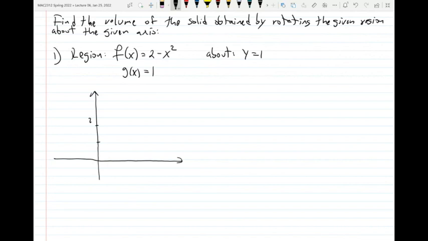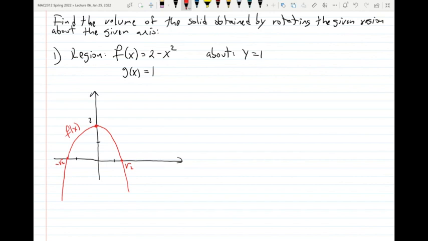And then the intercepts are plus or minus square root of 2, a little bit more than 1. So somewhere in here. This is our function f. Everybody okay with this? It's a parabola facing down, shifted up 2 units. And this is square root of 2, and this is negative square root of 2.